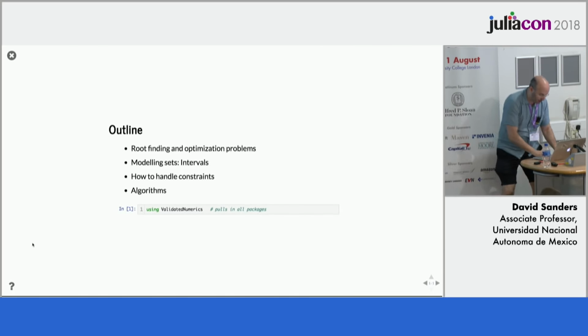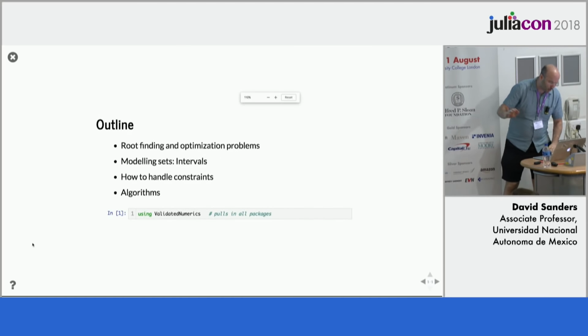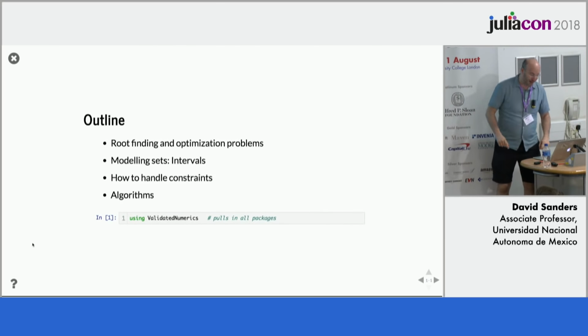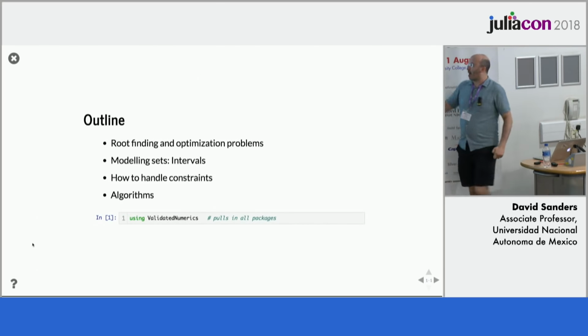Almost all of this is available with this package called Validated Numerics. That package is now just a wrapper, a meta package that pulls in all the individual packages that I'll be talking about. So if you do using Validated Numerics, you'll get most of this available to use.